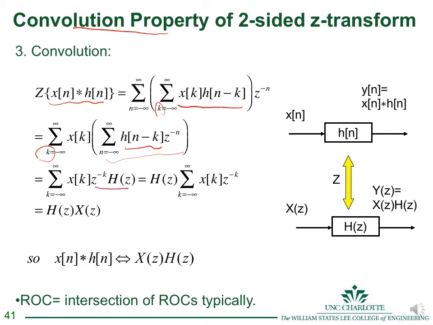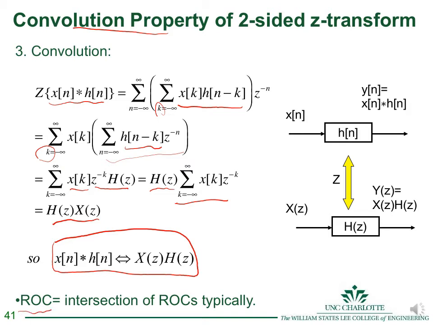Of course, H of z is not a function of k, so we can pull it out front and recognize this is X of z. And so simply the Z transform of the convolution is the product of the two Z transforms. Of course, very important property, very similar to what we see in Laplace and Fourier transform. One detail is the region of convergence. Typically it is the intersection of the two regions of convergence.